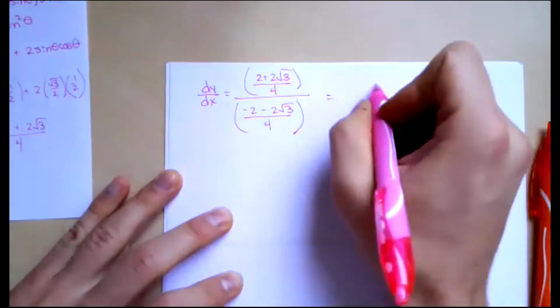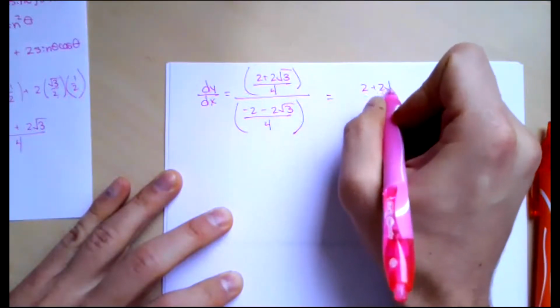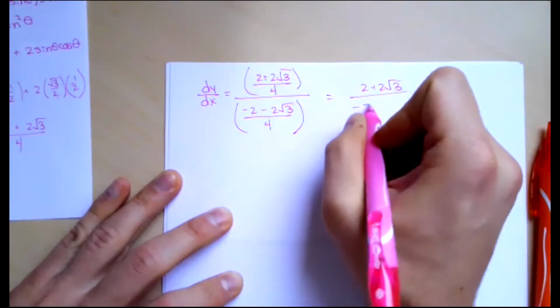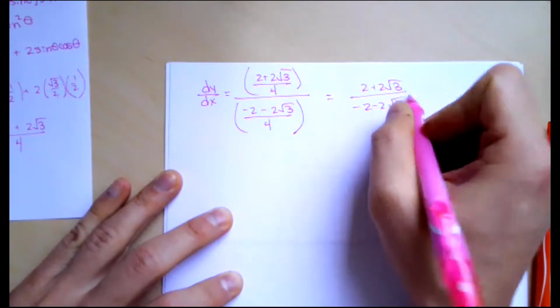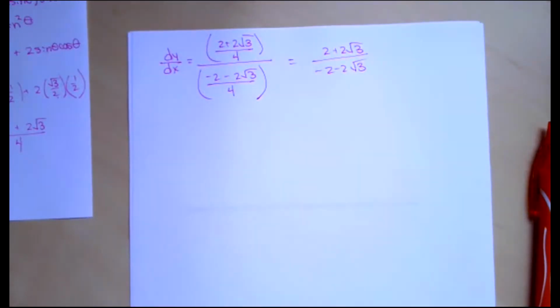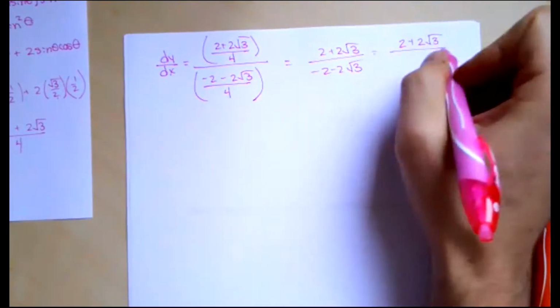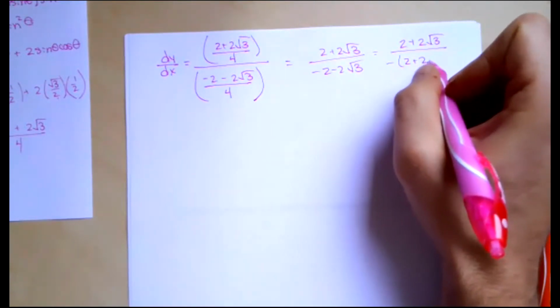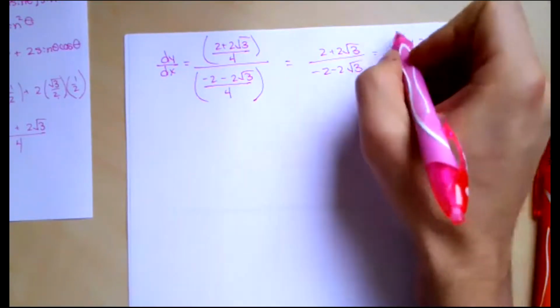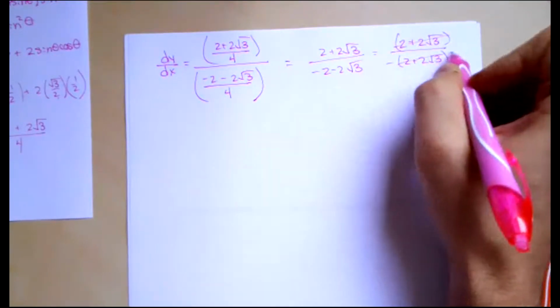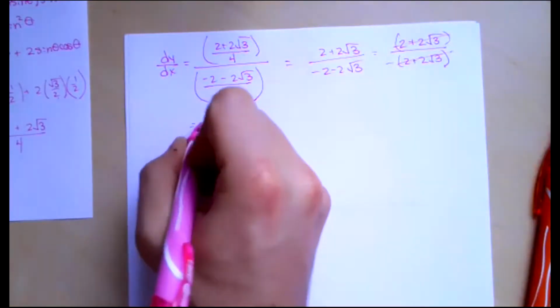Simplifying, when I take that reciprocal, we'll have 2 plus 2 square root of 3 over negative 2 minus 2 square root of 3. Any other simplifications we can make? Take the -1 out of the denominator. Good. And so the whole numerator and the whole denominator cancel, and we are left with just -1.